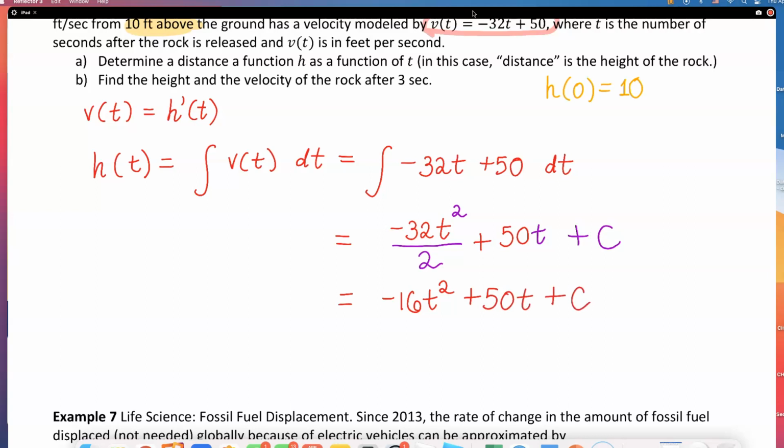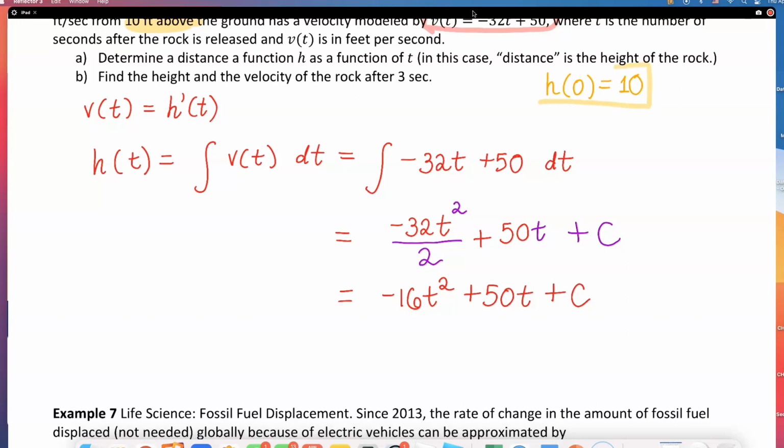Now remember, when we plug in t equals 0, the height should come out to be 10. So everywhere you see t, let's plug in 0. That is negative 16 times 0 squared plus 50 times 0 plus c, and that comes out to be 10.